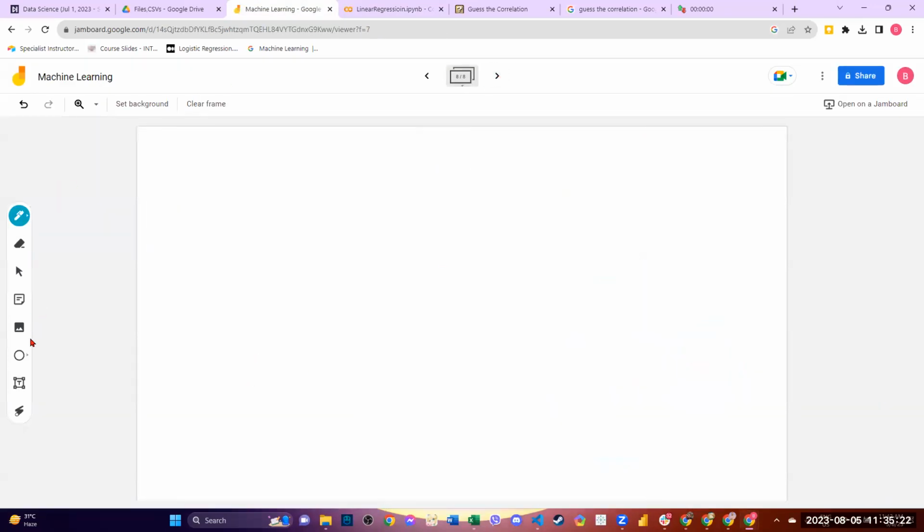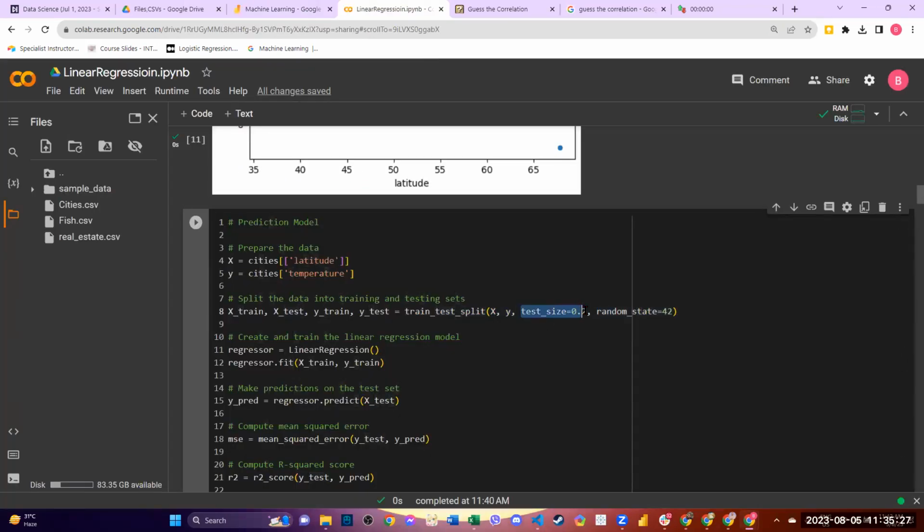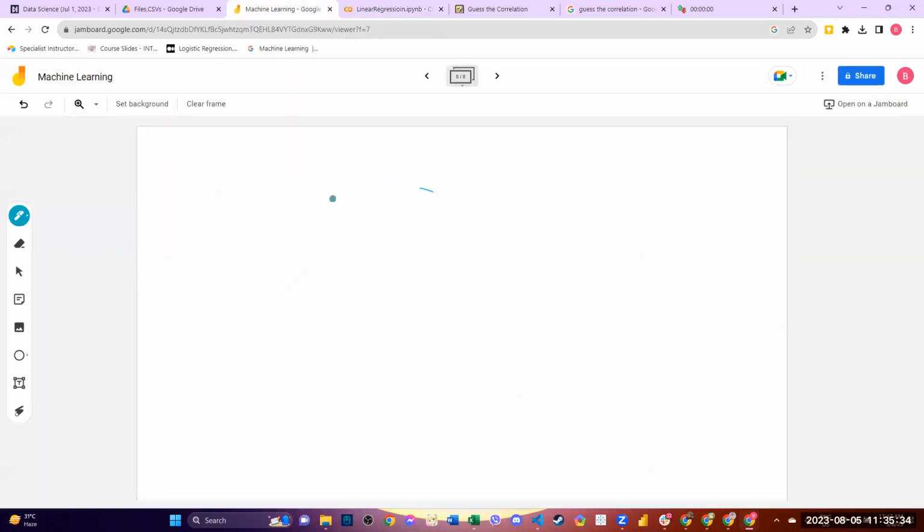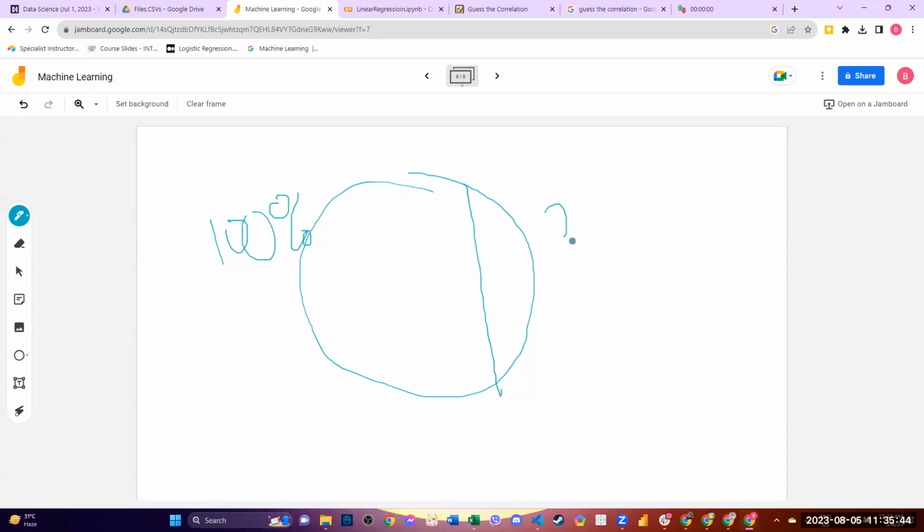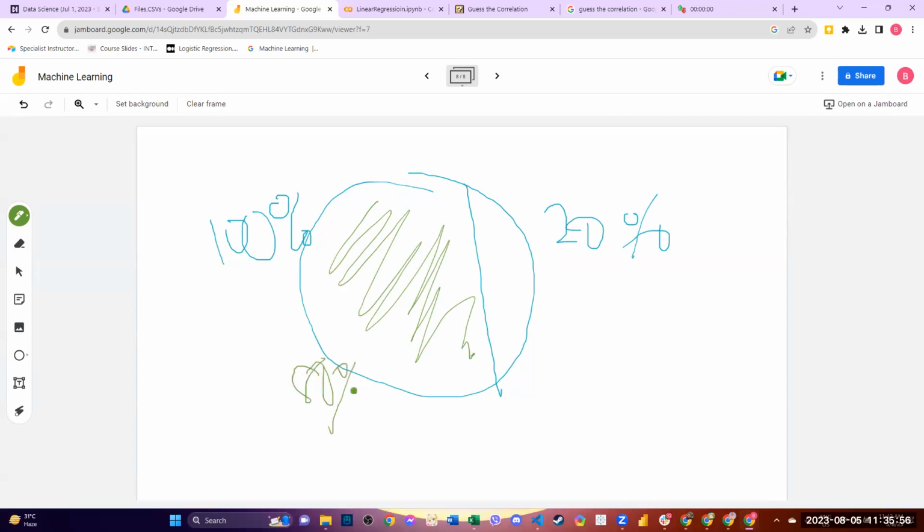It only means that if our value is test 0.2, it's just 20%. So if your data is around 100%, you get the 20%, and this one around here is just the 80%.